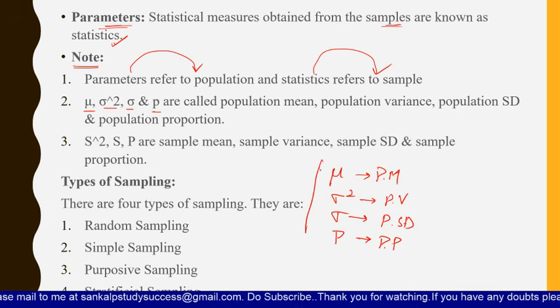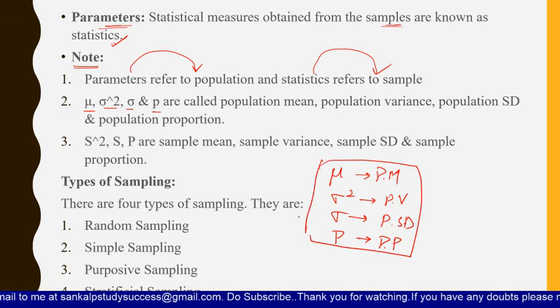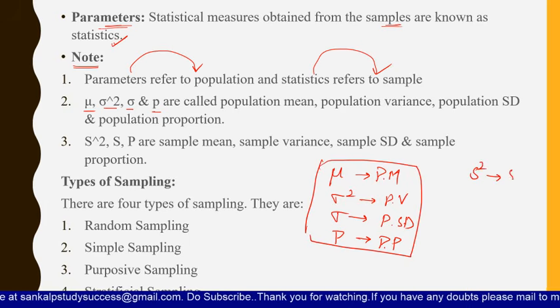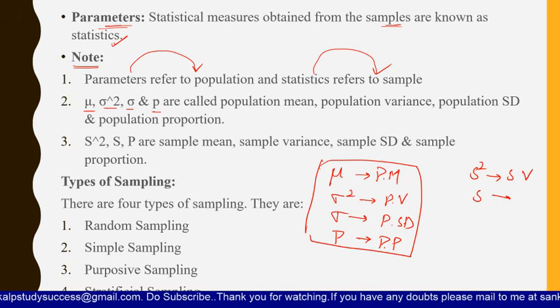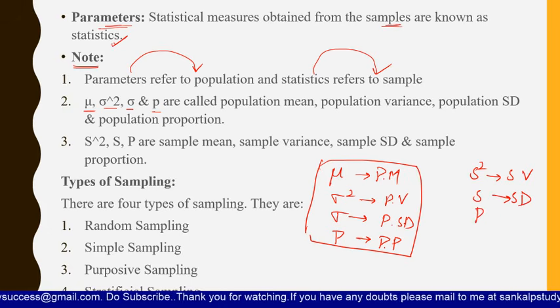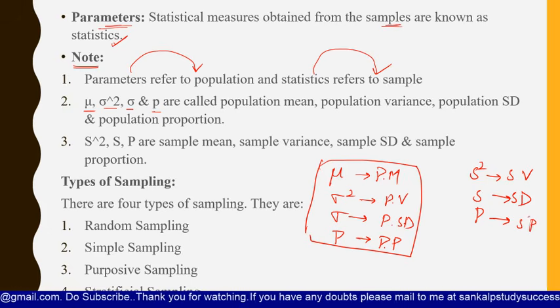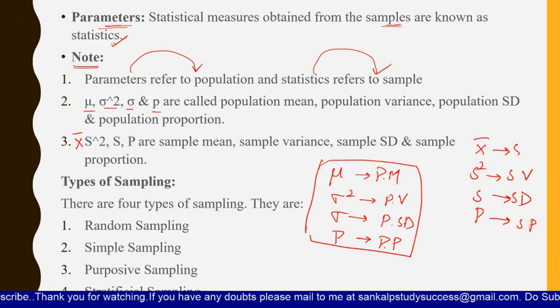These are related to population terms. If you take S square, it is the sample variance; S is the sample standard deviation; capital P is the sample proportion; and X bar is the sample mean.